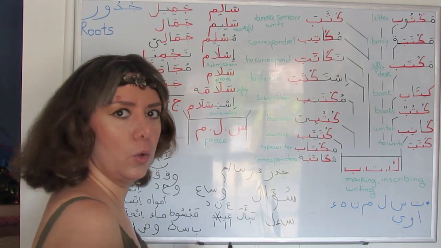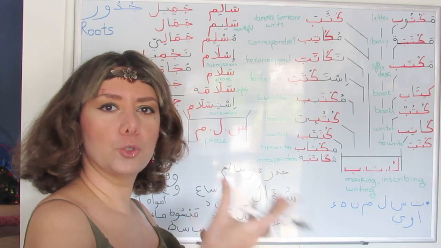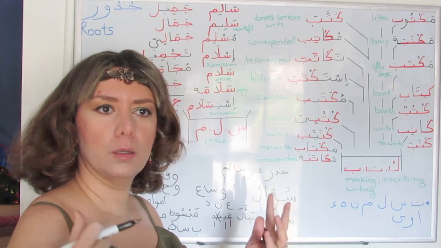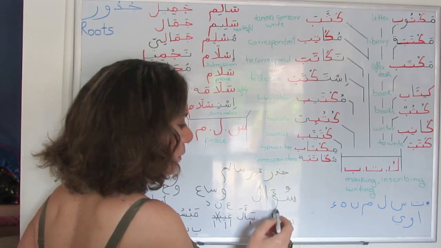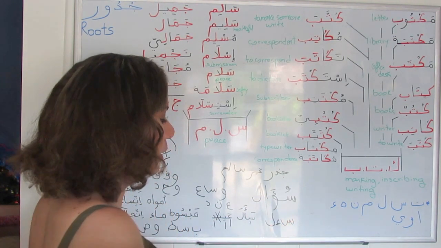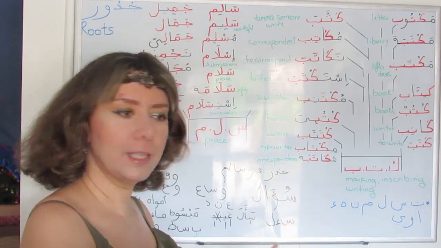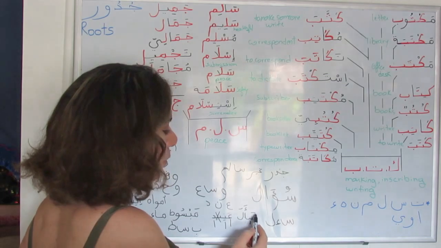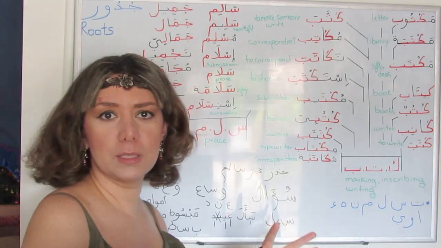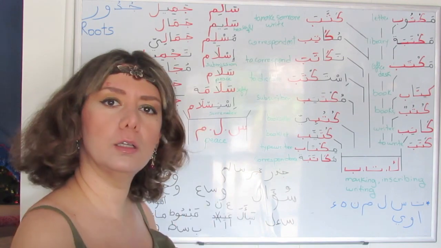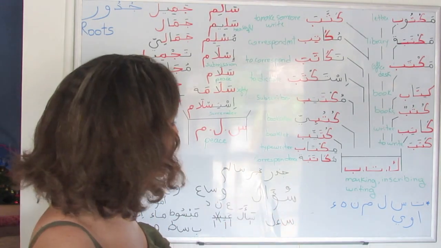The hamza always changes its chair depending on the short vowel before it. Because here we have a damma, so the hamza prefers sitting on a waw that matches the damma. Here we have a fatha, so the hamza prefers sitting on the alif that matches the fatha.